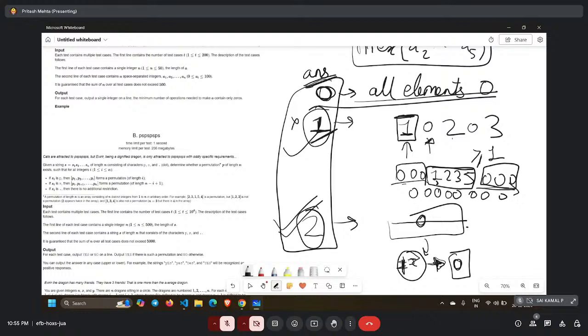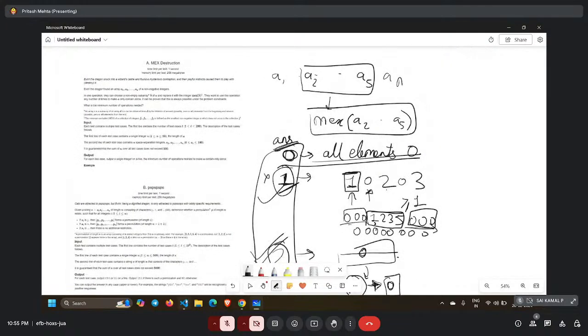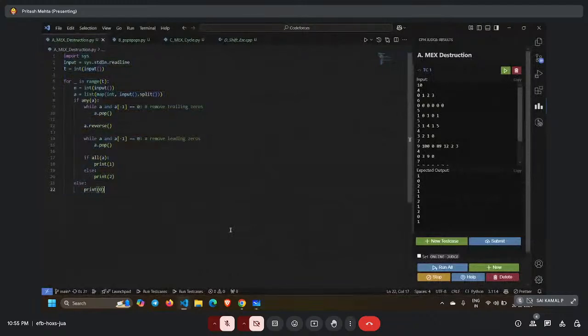Now let us see the code implementation of this. Basically, I have taken two cases: if all elements are 0, then the else case will trigger. If at least one element is non-zero, then this if will trigger.